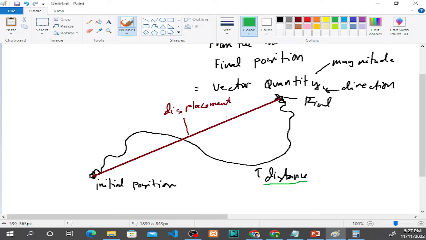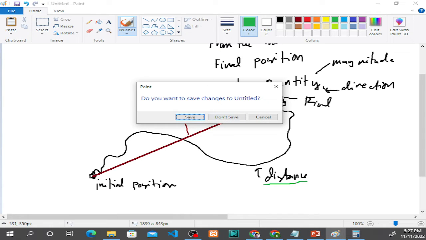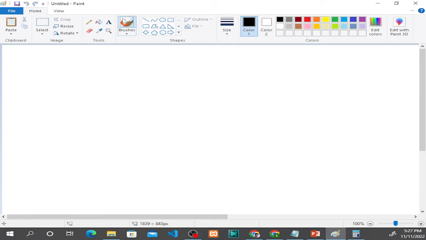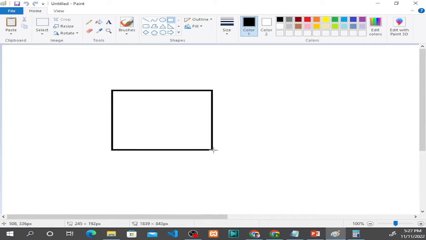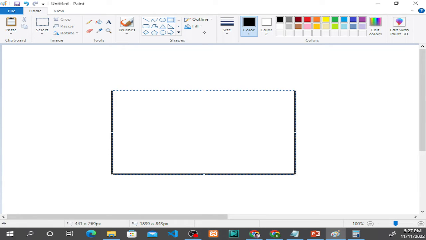To understand it better, I think I should draw a rectangle, a rectangular court that has a length of 74 feet, and this will be the length, and then 30 feet would be the width.